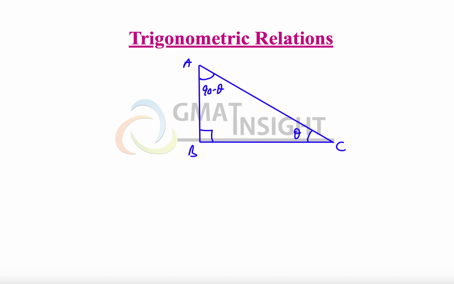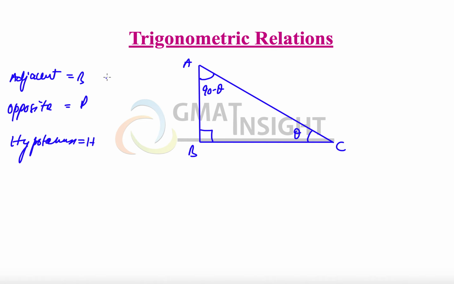Now on the left side, let's quickly write down what is the adjacent, what is the opposite, and what is the hypotenuse. So we should understand that adjacent is basically the base, opposite is equal to the perpendicular, hypotenuse is equal to the edge.